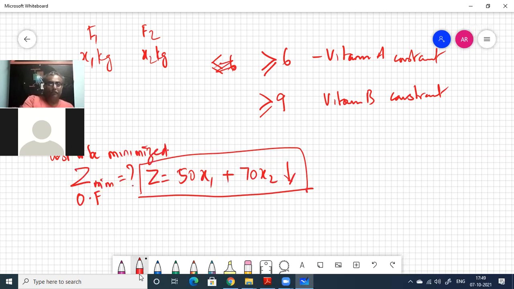So you got your decision variables x1 and x2. You got your objective function 50x1 plus 70x2 must be minimized, in such a way that at the same time constraint 1 and constraint 2 are followed. How to write constraint 1?